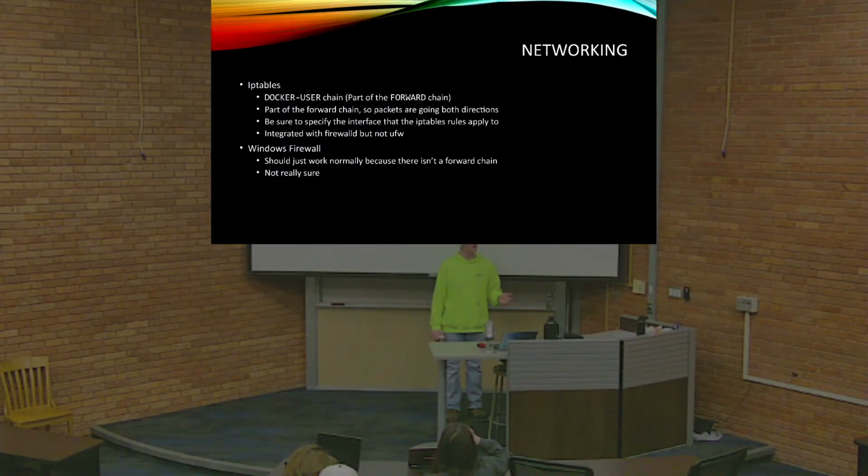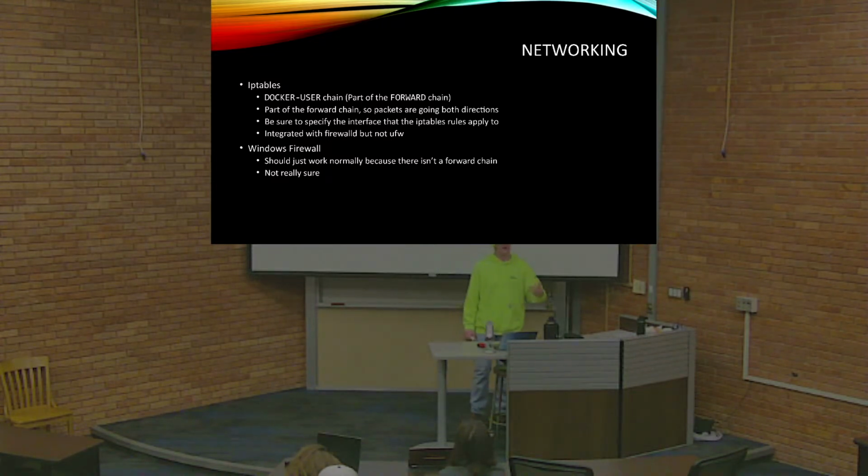If you wanted to firewall stuff off in your Docker containers, ideally you shouldn't have to, because you can control explicitly which ports you need to expose. Then you would add rules to the DOCKER-USER chain, and that allows you to actually operate on packets going to and from the Docker network with iptables.